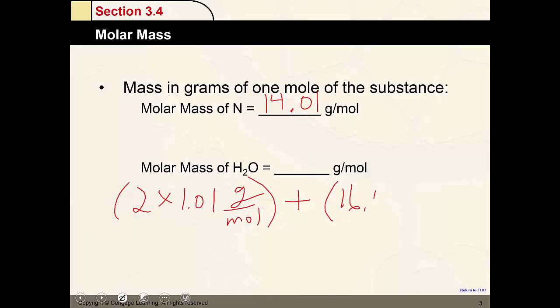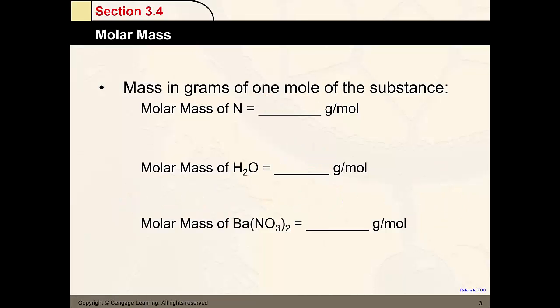And there's just 1 oxygen, so we don't need to multiply it by a number. So we take 2 times 1.01, 2.02, plus 16, and we get a molar mass of this compound of 18.02 grams per mole.